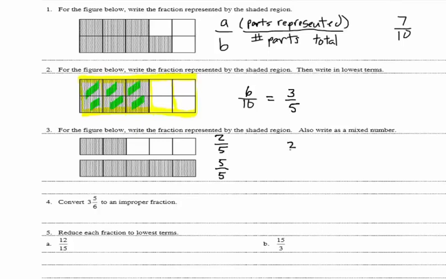And when we add 2/5 plus 5/5, we add the numerators, so we have 7, and we have a common denominator of 5. And now when you want to write this as a mixed number, if we were to divide 7 by 5, we would get 1 with a remainder of 2. So this is equal to 1 with a remainder of 2 out of 5. So we can write this as 1 and 2/5.